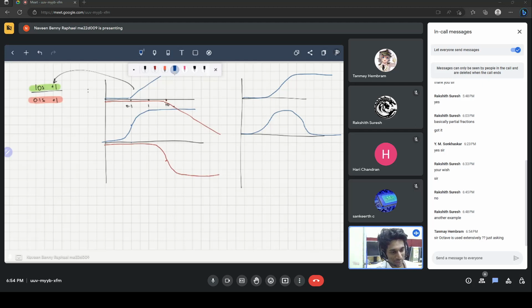I do not know many people who use Octave, but I do think there are a niche set of people who use it. But MATLAB is just convenient enough, and I have a MATLAB license, so yeah.